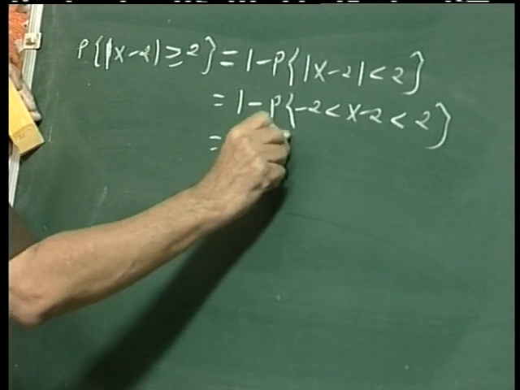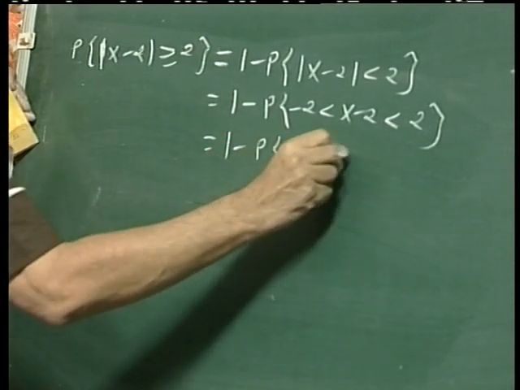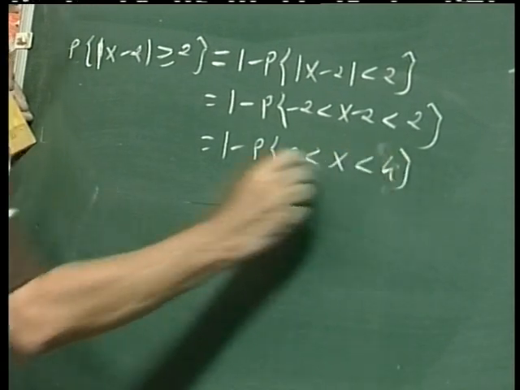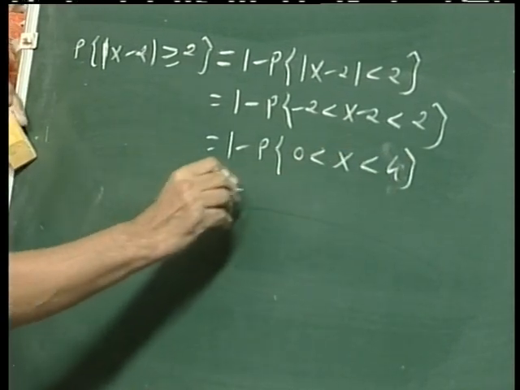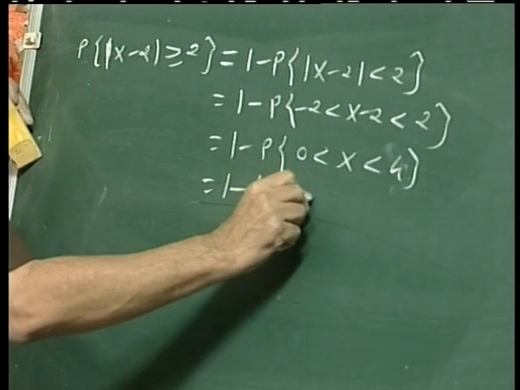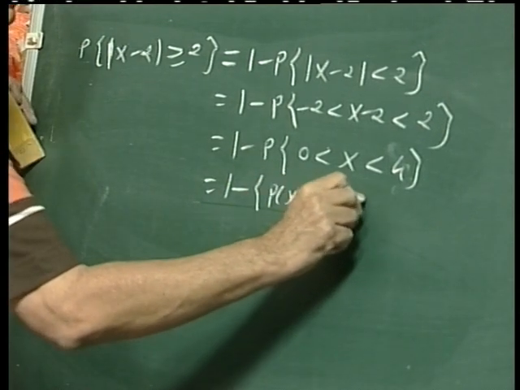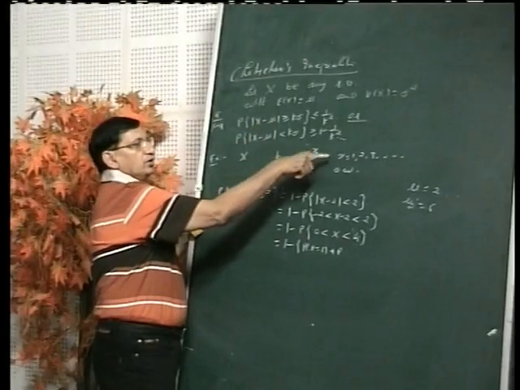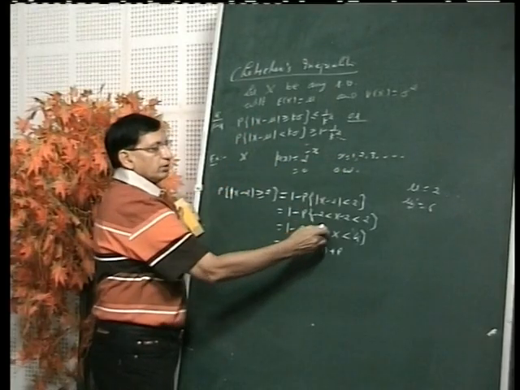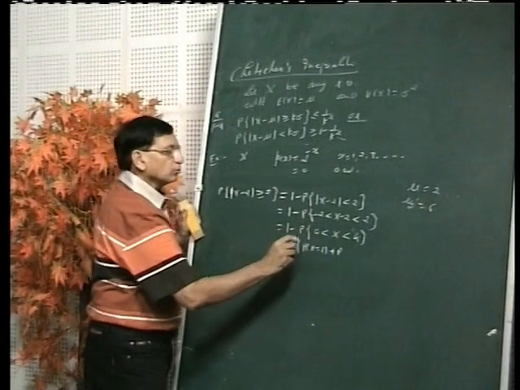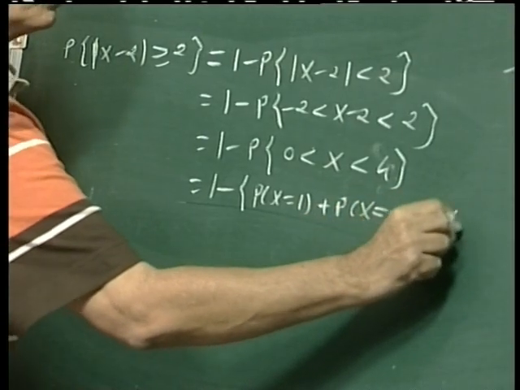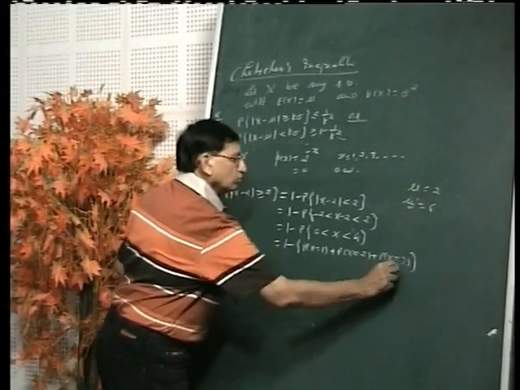So 1 minus probability that 0 is less than x less than 4. X is lying between 0 and 4. It takes only integral values and therefore x can take 3 values 1, 2, 3, so probability that x is equal to 1 plus probability that x is equal to 2 plus probability that x is equal to 3.